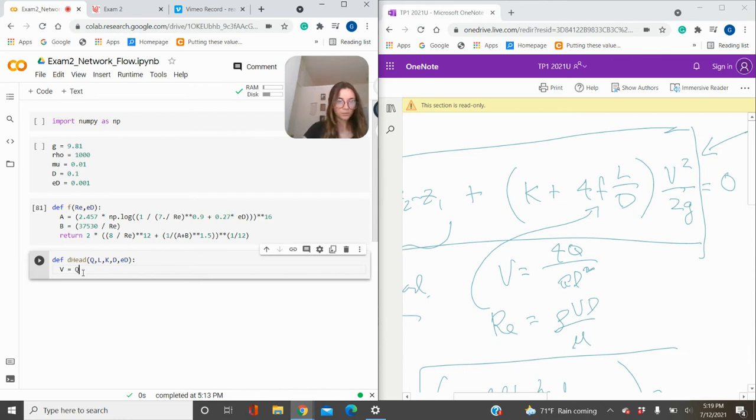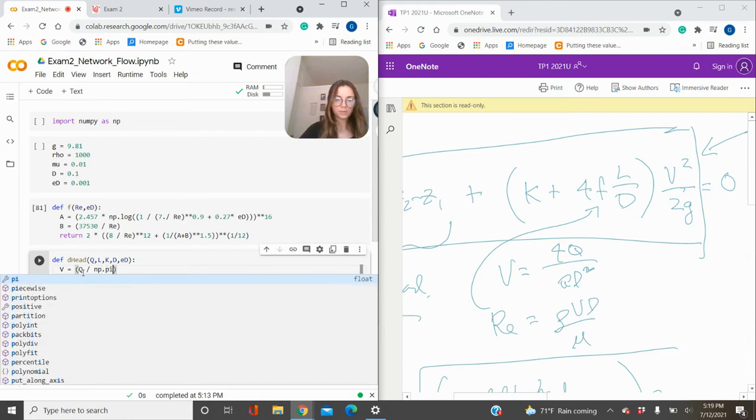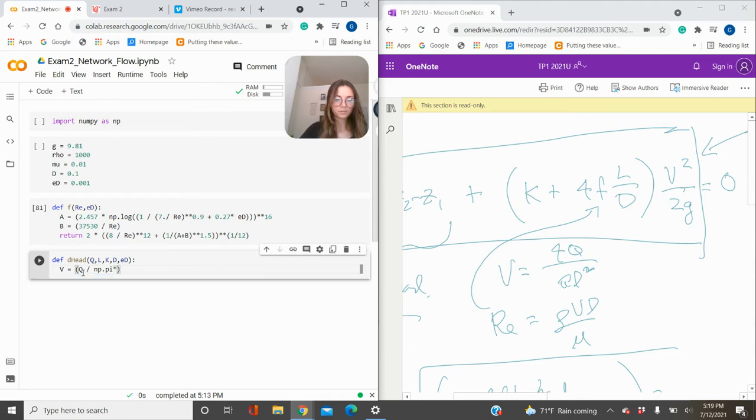It's going to be flow rate divided by np.pi times diameter squared, I think divided by 4.